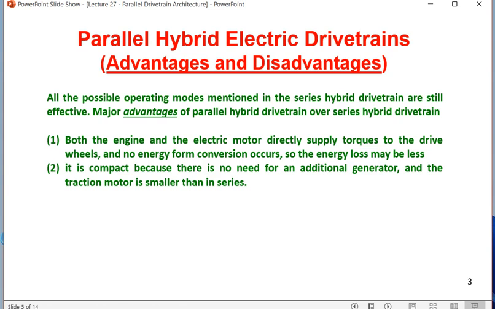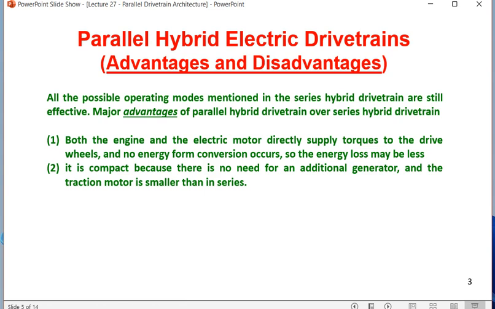Second advantage, parallel hybrid is more compact because there is no additional generator. Traction motor is smaller in size than in the series. You might say, okay sir, there is no generator, but the motor has come in series with the secondary source. Yes, the motor was there in the previous case also. In case of a series hybrid also the motor was there. In parallel hybrid also the motor is there.